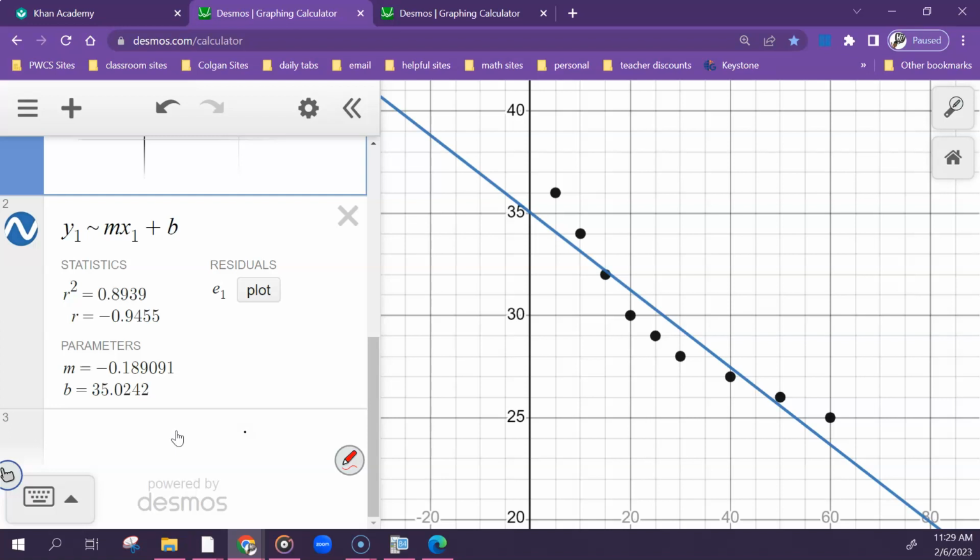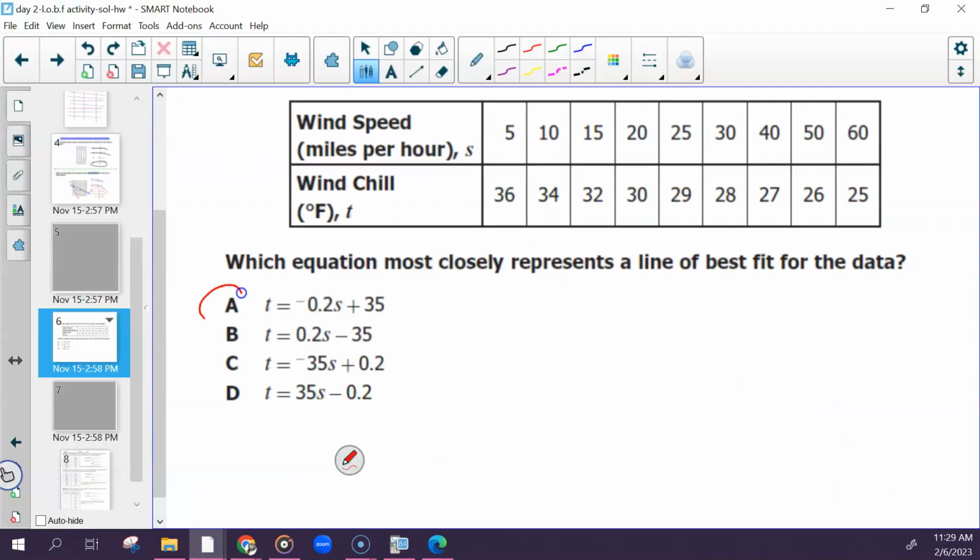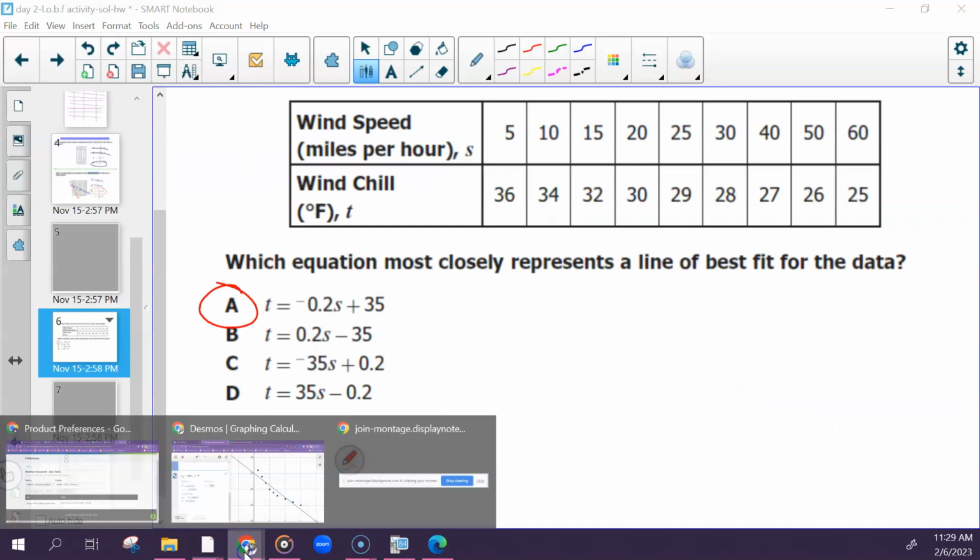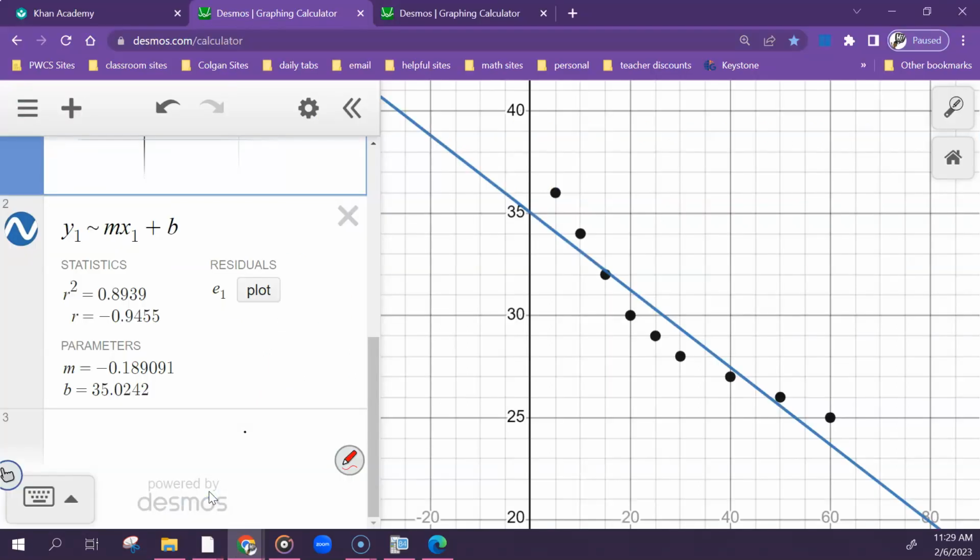A, yes. What they did was round probably more than they were supposed to, but that's okay. They rounded this like twice, and then 35 is close.